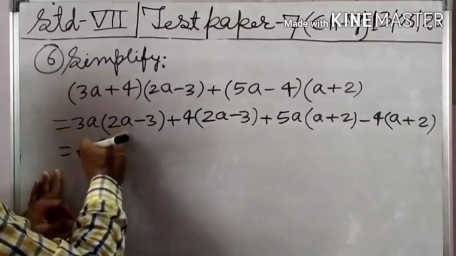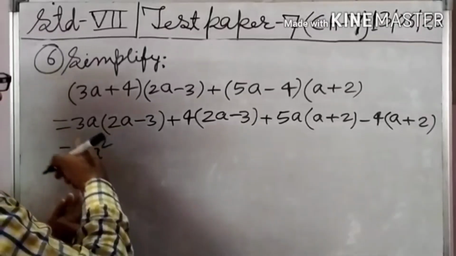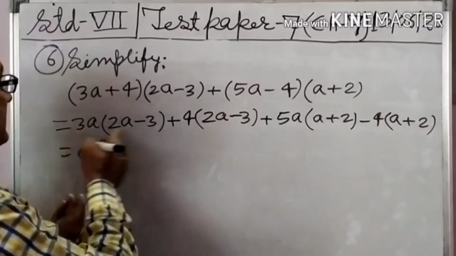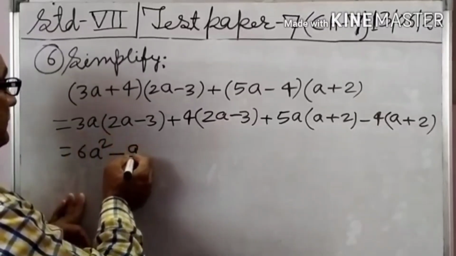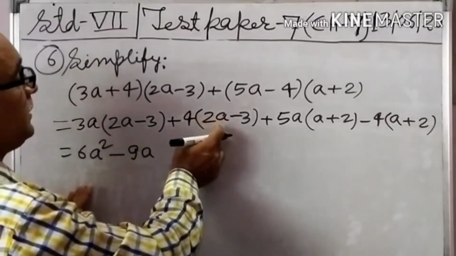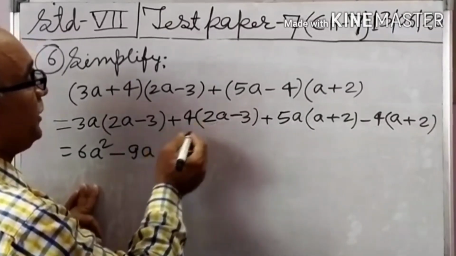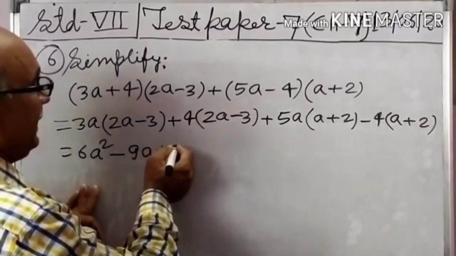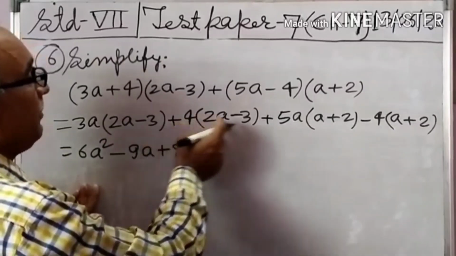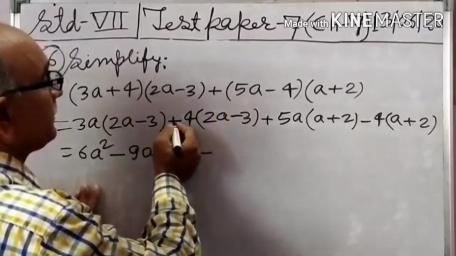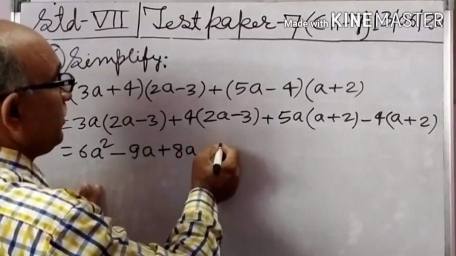3a into 2a is 6a square, plus into minus is minus, 3 threes are 9a. 4 into 2a is 8a, plus into minus is minus, 4 threes are 12.